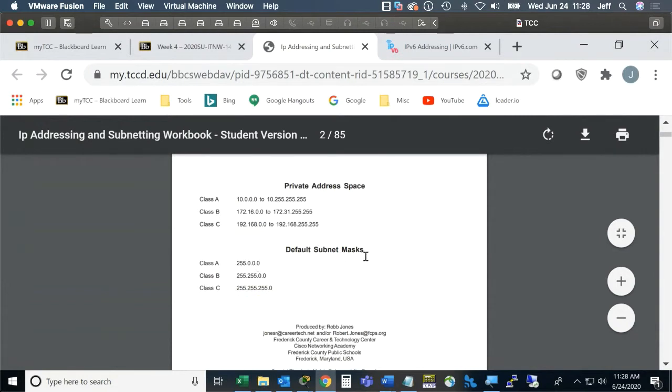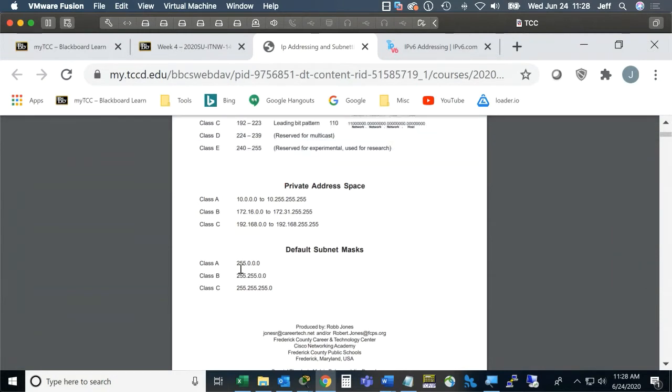And so the subnet mask, this is just stating the default for a Class A is 255.0.0.0, which is just saying that the first 8 bits, because 2 to the 8th is 256, but since we're 0 based, 0 to 255 is 256, right?